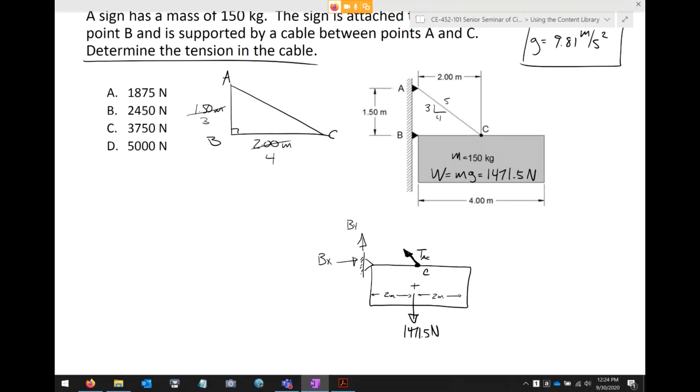If I sum moments here, then my reactions from that pin are all going to go through the pin, so I don't have to consider the reactions, and that's going to generate just one unknown, the tension in the cable. But that tension in the cable is at a diagonal, and so maybe if I can do this, maybe if I could do tension ACX, tension AC. Oh, that's X. That's Y.